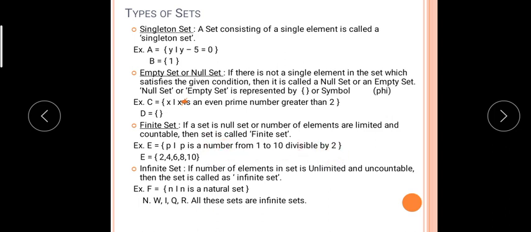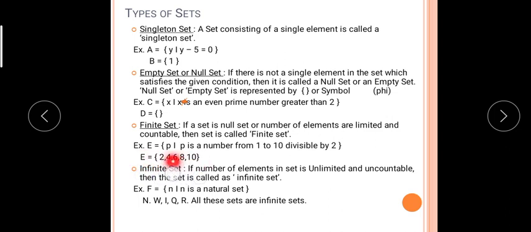See, divisible by 2 from 1 to 10: 2 is there, 4 is there, 6, 8 and 10. Whatever numbers are there, we can count them, and therefore this is a finite set. Now E is equal to {2, 4, 6, 8, 10}.